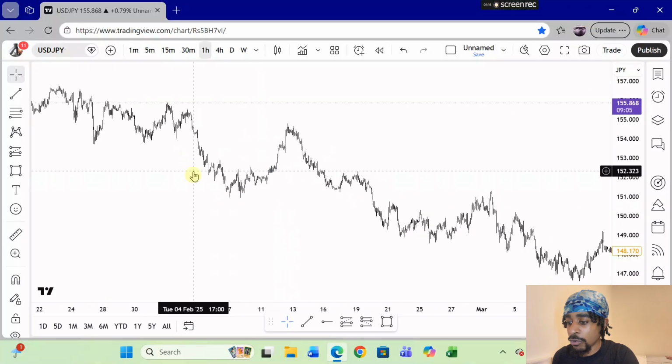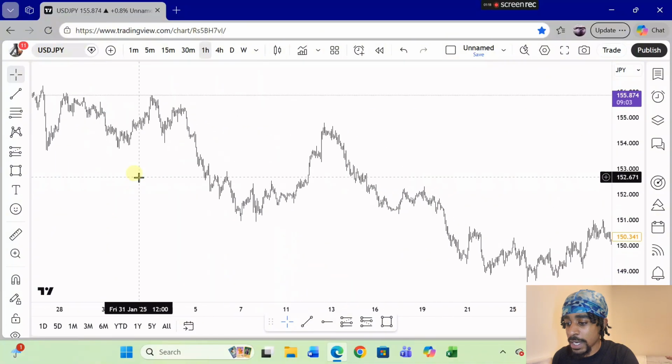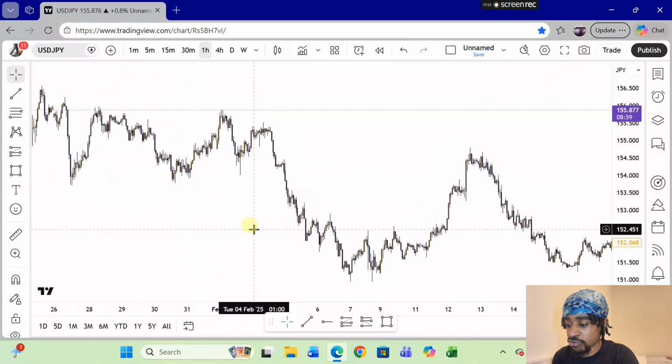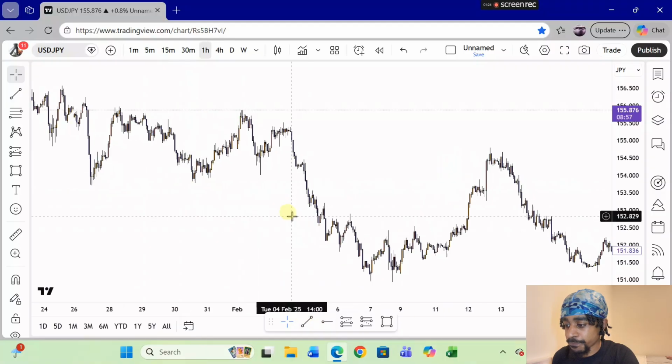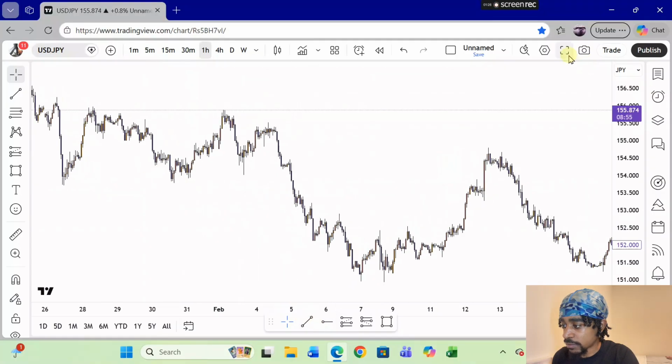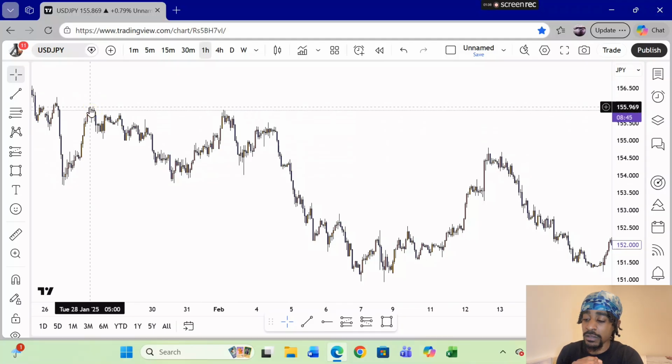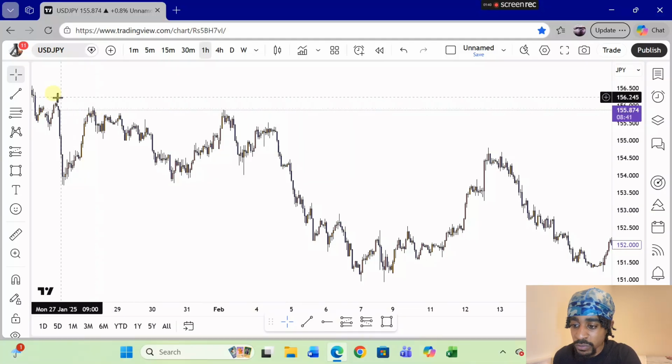So right here, market structure. As you guys can see on the charts, we have price push down and create a low, and then price pushes up and creates a lower high. I wouldn't really class this as a lower high, pretty much because it is so close to this previous high right there.